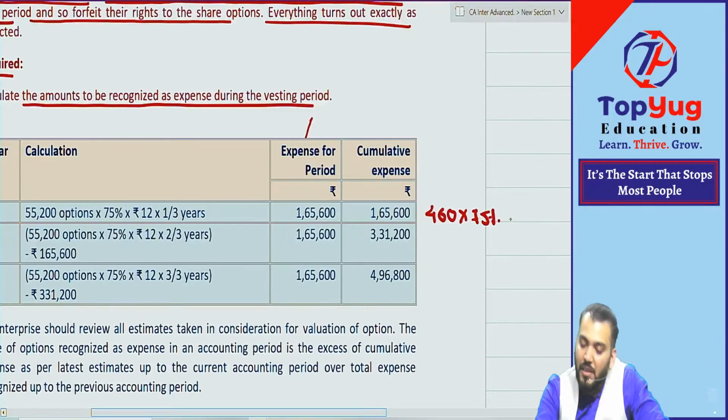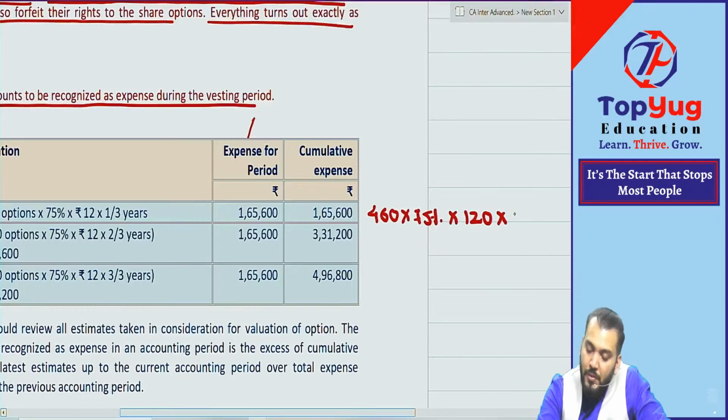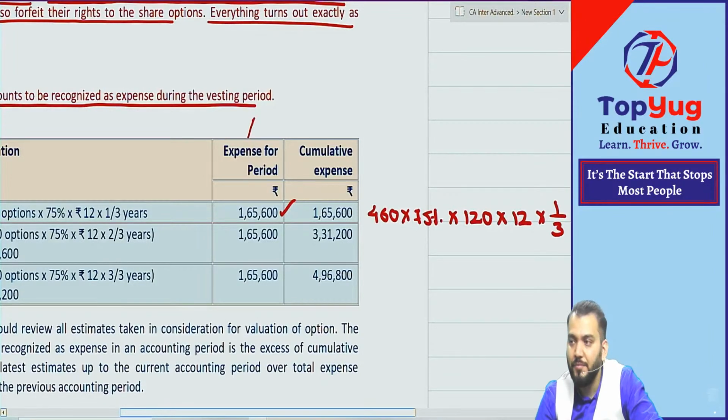Then into the number of options per employee, 120. Then into the fair value of option, 12, into 1 by 3. The same answer will come: 1,65,600.